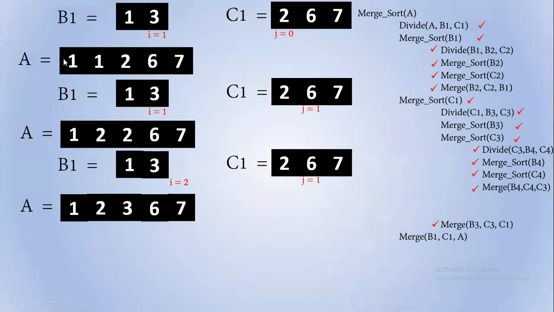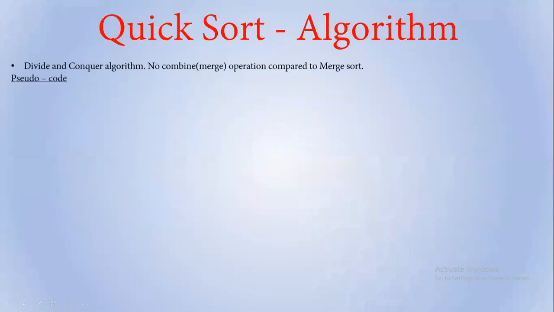That means L and U are the lower and upper limits of the array index. L is the lowest index and U is the upper index of this particular array A. So if you give this kind of array, what it will do is, as I told you, this is a divide and conquer operation.